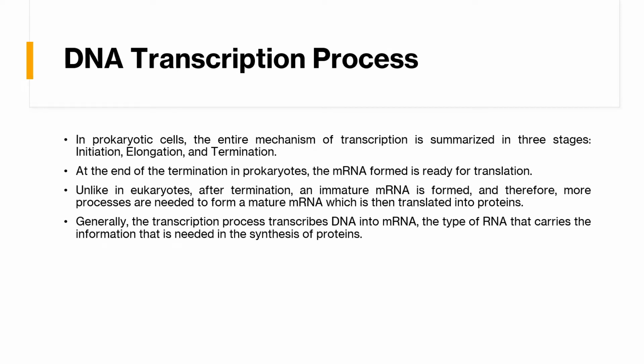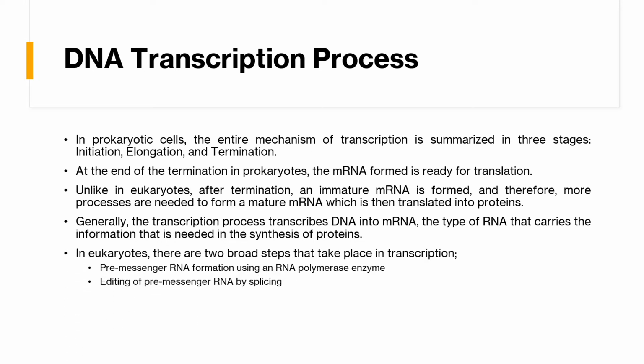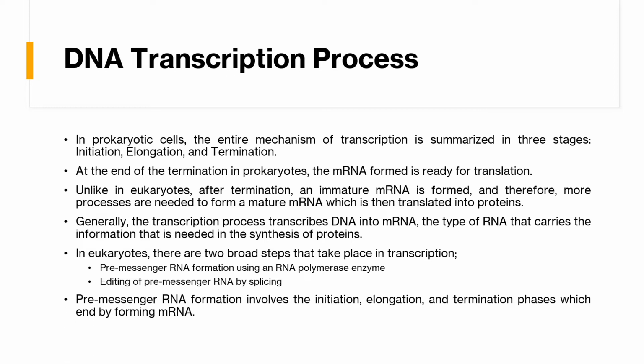Generally, the transcription process transcribes DNA into mRNA, the type of RNA that carries the information needed in the synthesis of proteins. In eukaryotes, there are two broad steps that take place in transcription. Number one is pre-messenger RNA formation using an RNA polymerase enzyme, and number two is editing of pre-messenger RNA by splicing.